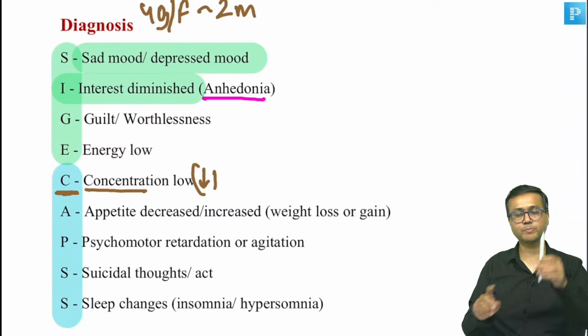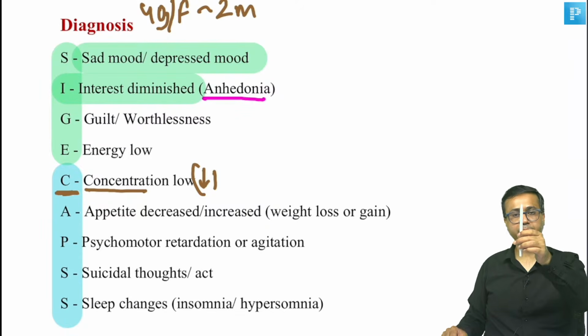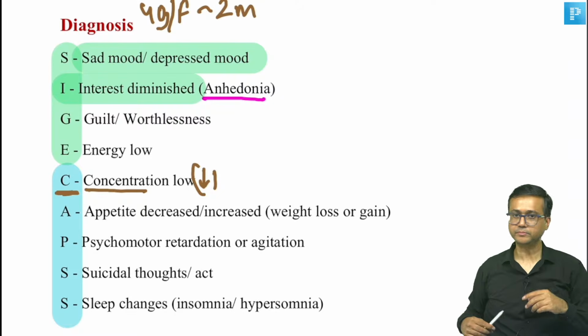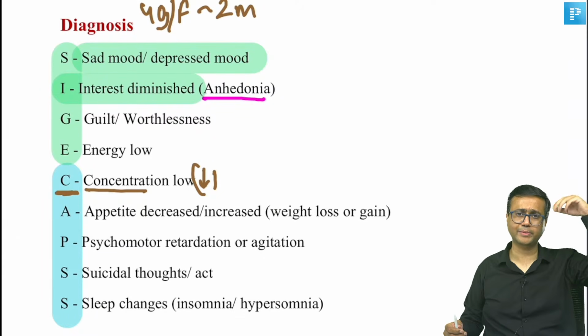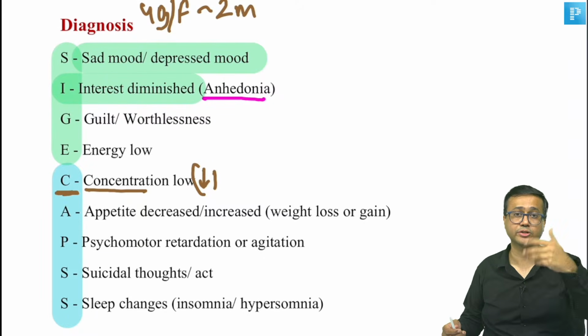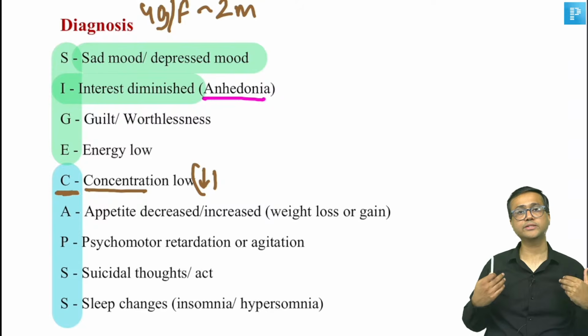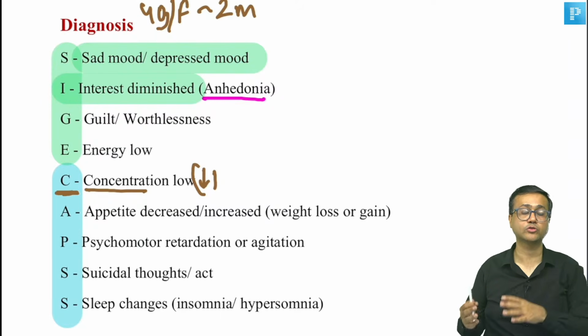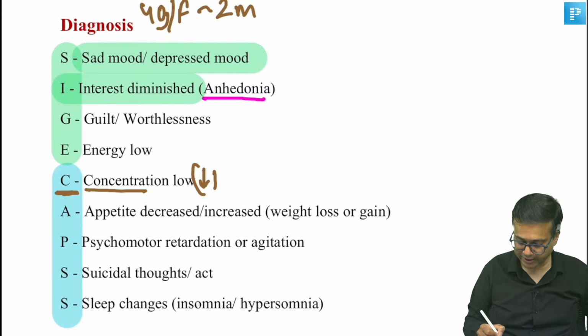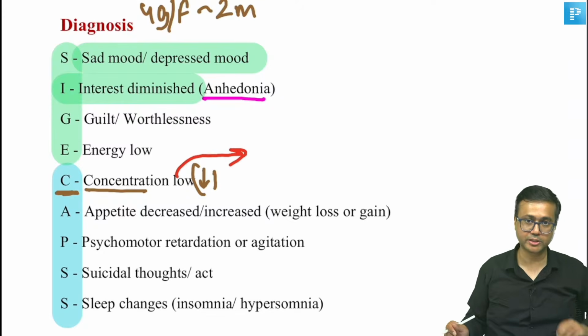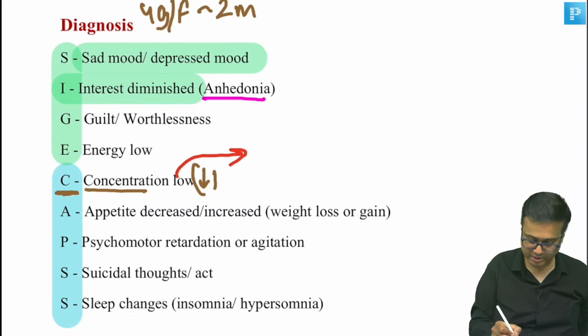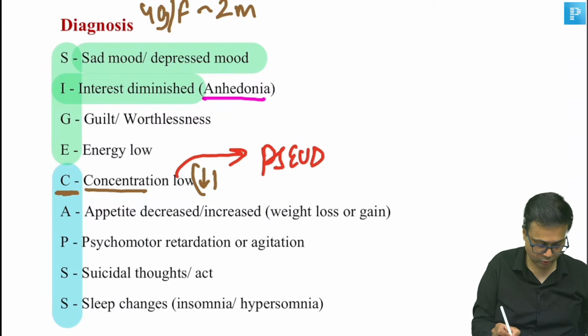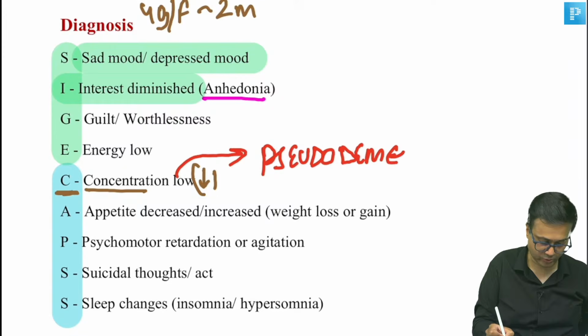Beta, suppose this pen, patient had and kept the pen in her pocket. But patient was having so many thoughts in the mind, patient did not pay attention, the concentration was reduced. And now she thinks that she has forgotten. Actually, it is because of decreased concentration. In fact, remember one important term, beta. This may be asked. What is this known as? Is it true dementia? No, it is pseudo dementia. Very good.